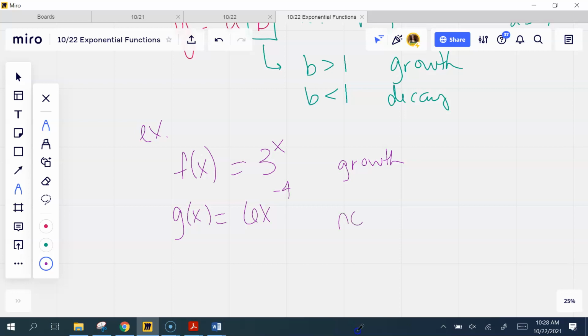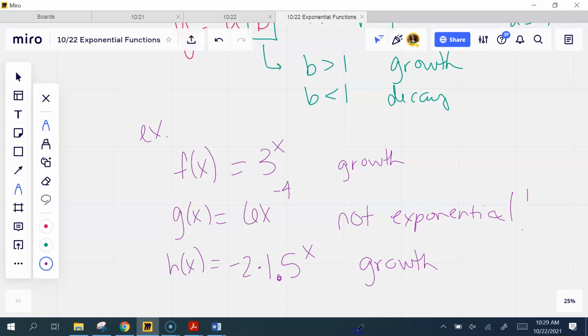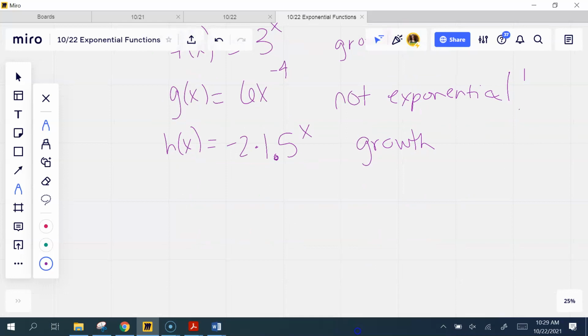To be exponential, the variable has to be the exponent. How about this one? Yes, it is exponential. Growth or decay? It's a growth. Even though it's negative in front, that negative simply flips it upside down. It doesn't have anything to do with it being growth or decay.